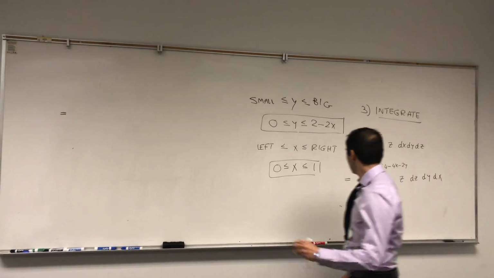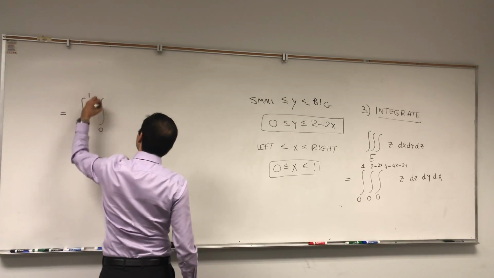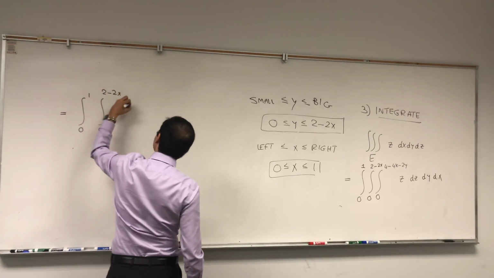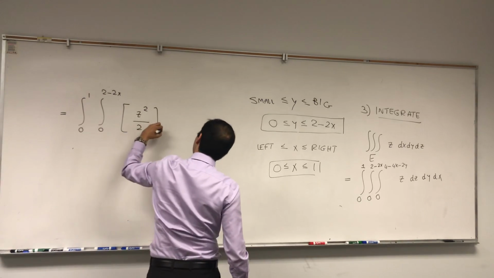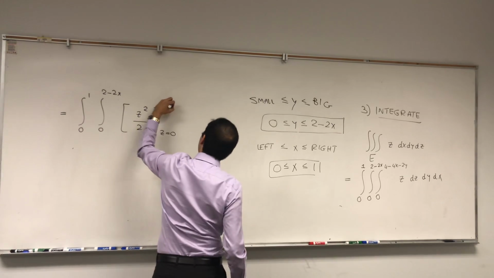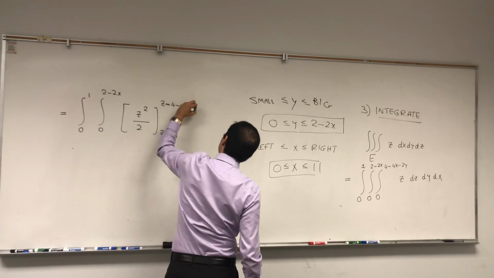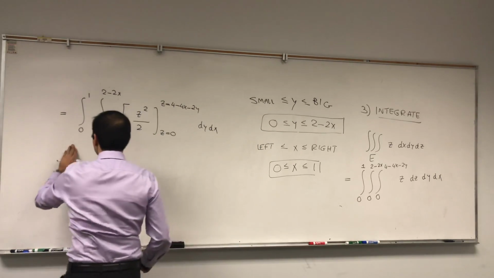That's z squared over 2. So it's the integral from 0 to 1, integral from 0 to 2 minus 2x, z squared over 2 from z equals 0 to z equals 4 minus 4x minus 2y, and then dy dx.